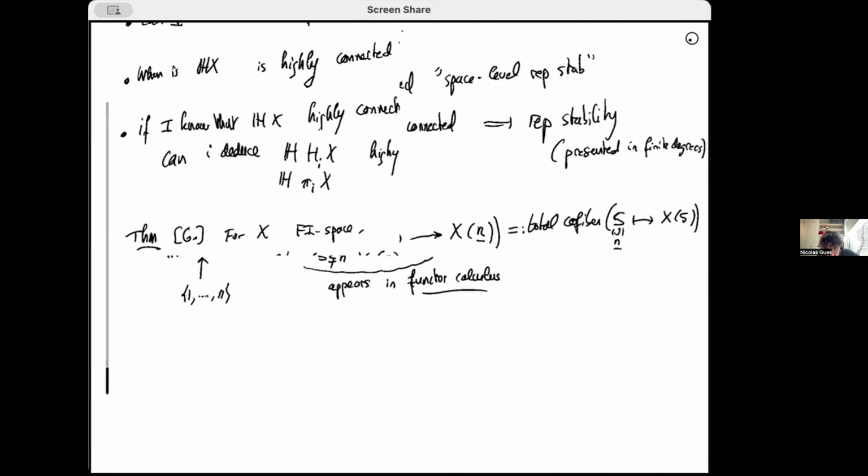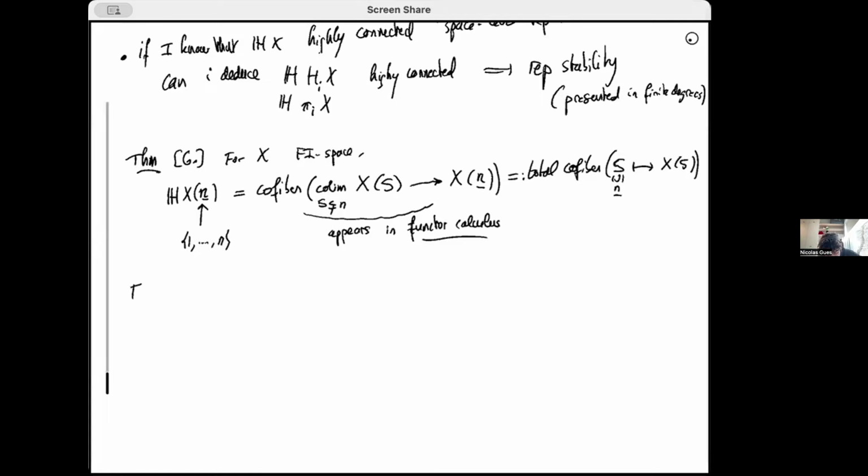So the second thing is that I can relate. So maybe I need a small definition. How much time do I have left? Okay, so recall that what we want to do is for an FI module V to control if H0 of V and H1 of V is eventually 0.